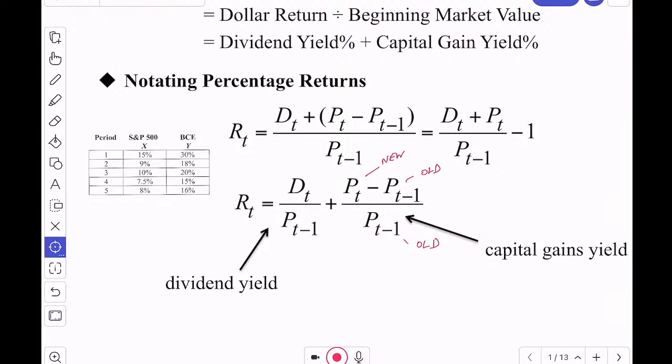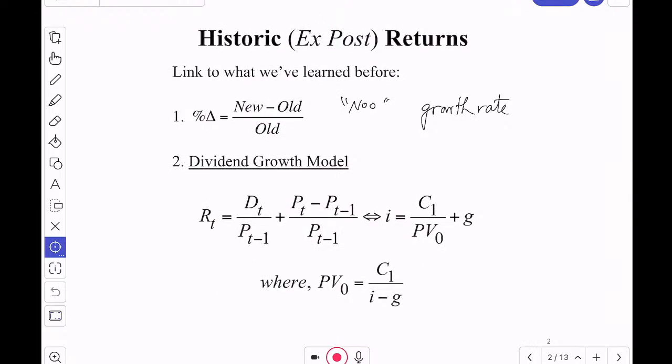So what else? Remember this formula. What is this formula here?